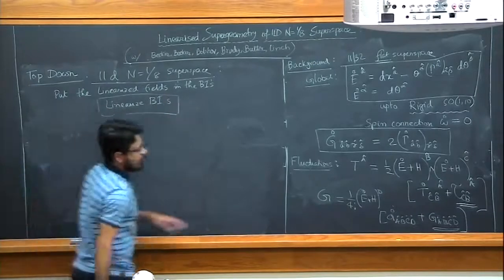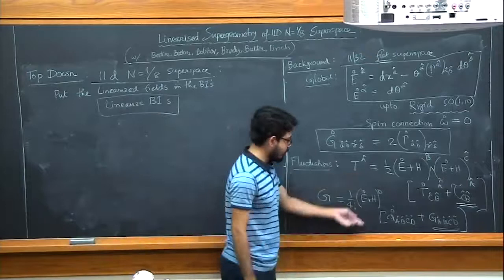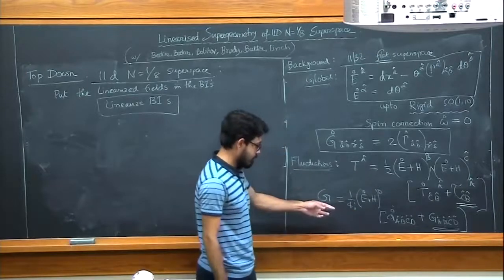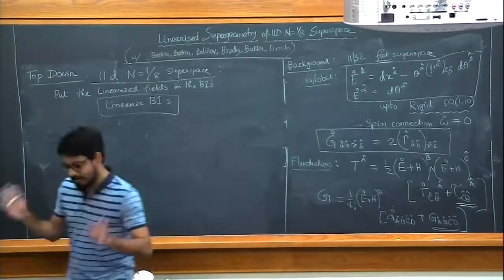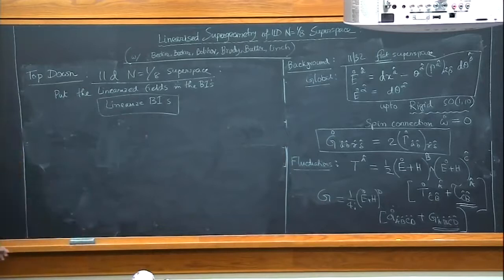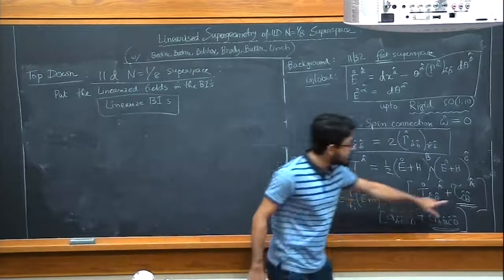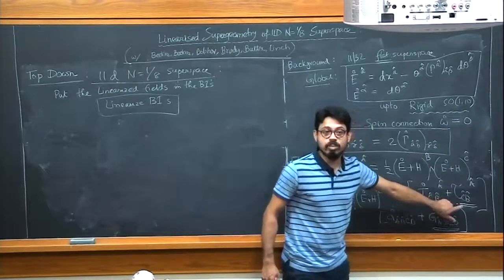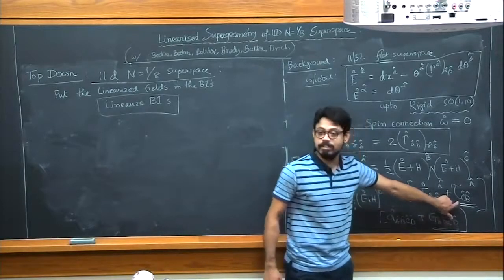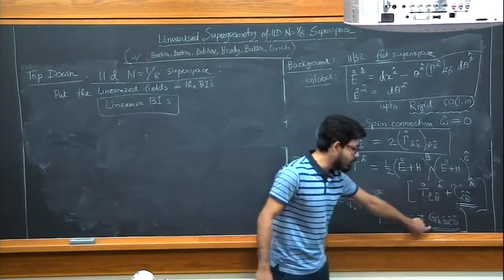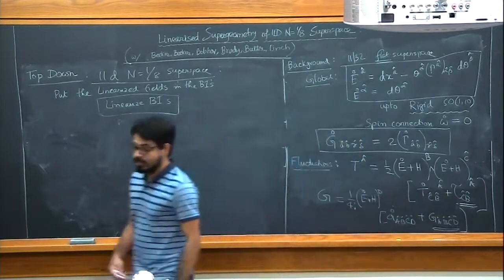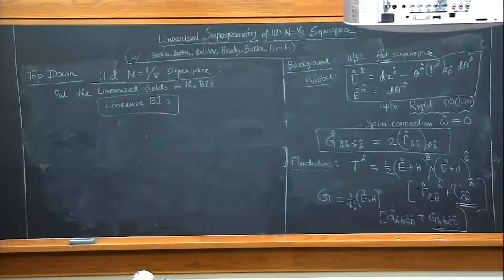So you get some for the torsion, you get some for the curvature, you get some for the 4-form, but the curvature Bianchis we are not too much worried about. We take the linearized torsion Bianchis, and try to see what sort of constraints are imposed on the linearized fluctuations of the fields. There is some representation theory that goes into that.